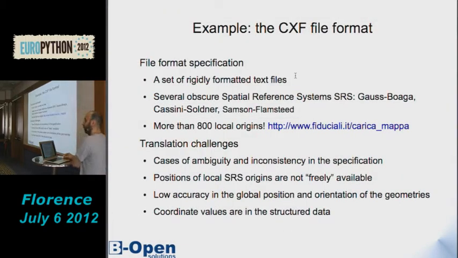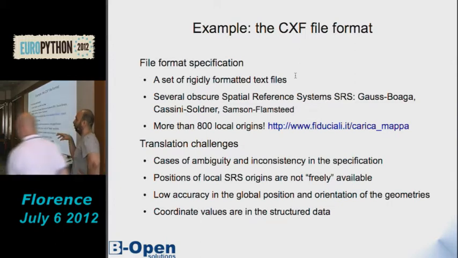This file format is a set of formatted text files. The geospatial data is embedded there in a quite obscure spatial reference system like Cassini-Soldner. One of the main challenges is that Cassini-Soldner is actually a local projection.